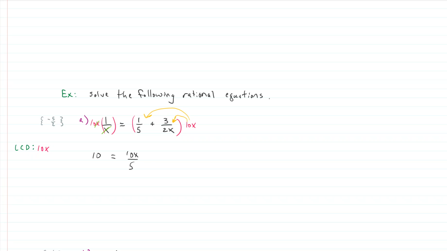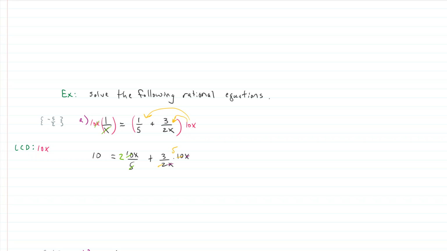Let's just write that out. We have 3 over 2x times 10x. Now let's do some simplification here. The 10 and the 5 can make 2. And on the right, the 2 and the 10 can make 5. And the x's go away as well.